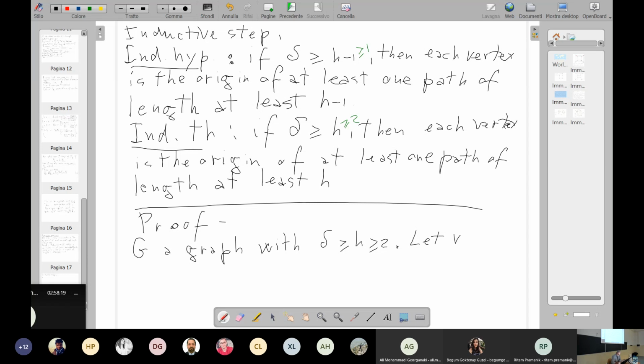Let V be any vertex of G. Degree of V is greater than or equal to small delta, which is greater than or equal to h, which is greater than or equal to 2. Okay?